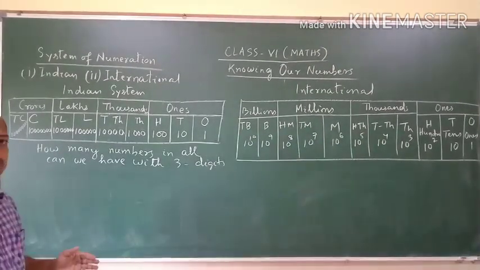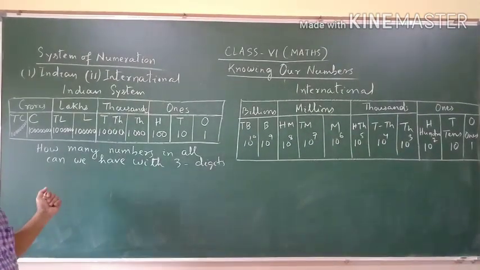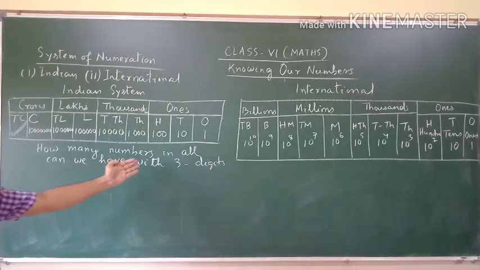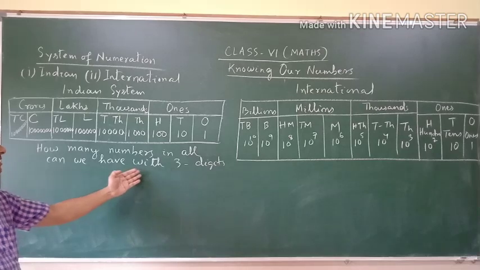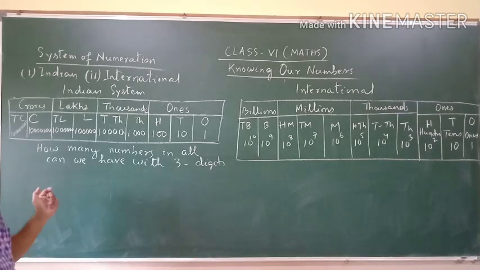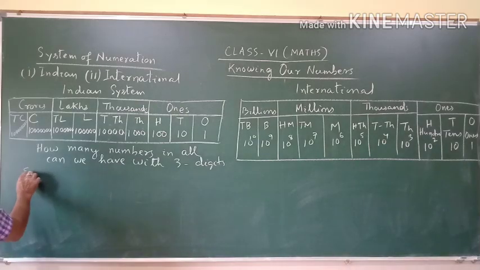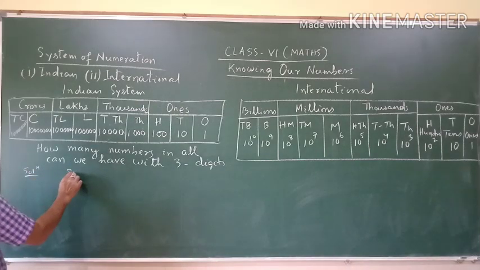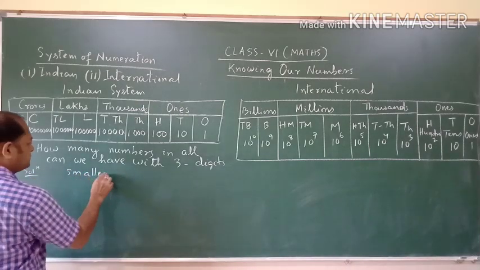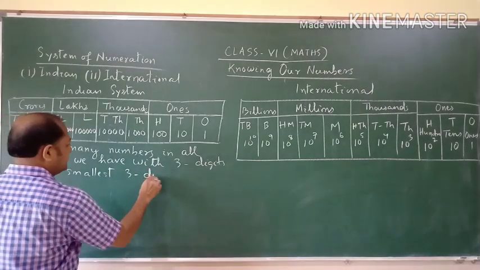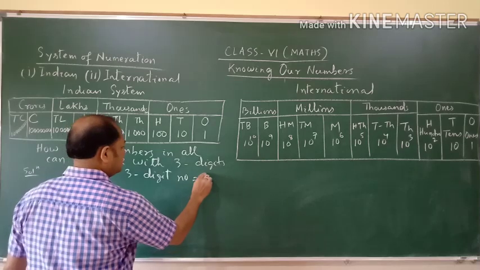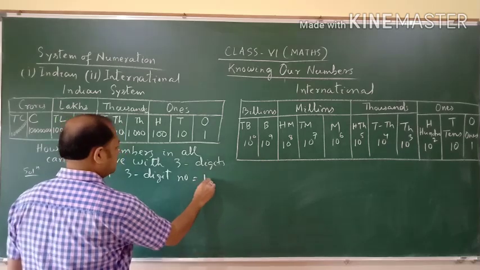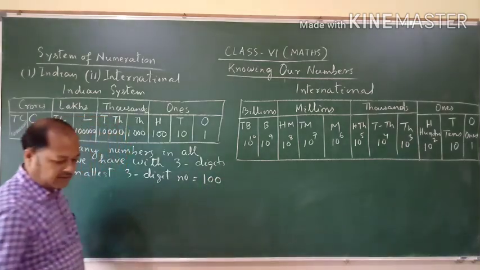Let's solve one question from the book. The question says: how many numbers in all can we have with 3 digits? What is the solution? We know that the smallest 3 digit number is 100.